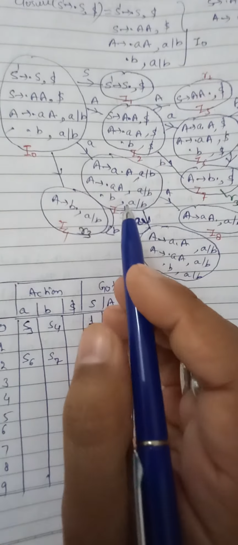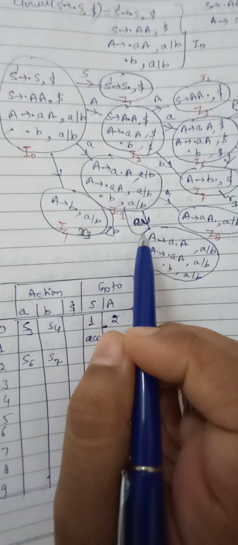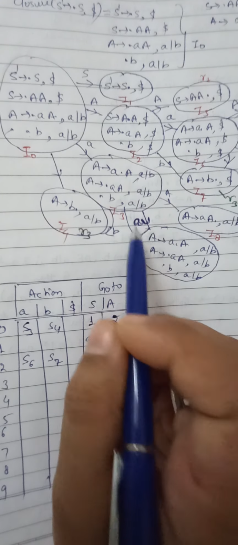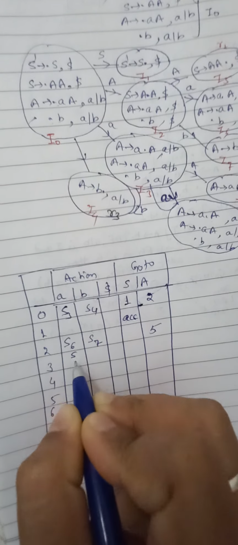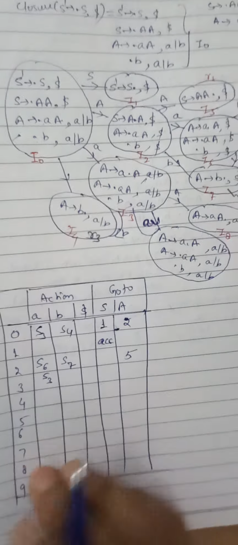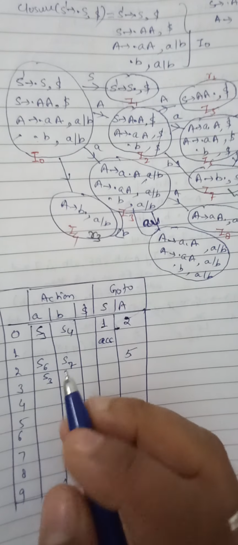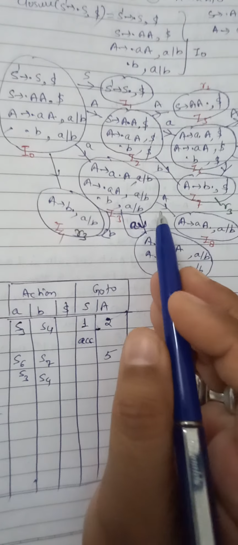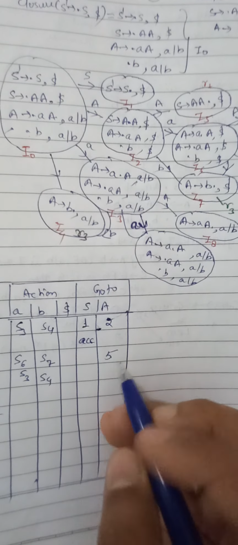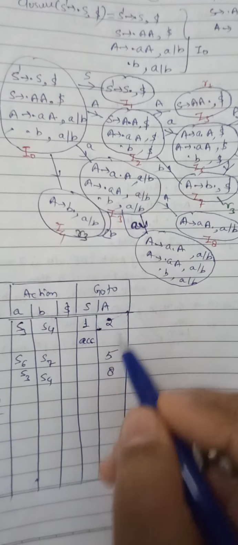From the third state, for terminal A it is going to the same state, so we will write here S3. And for terminal B, which is going to I4, we will write here S4. And for variable A, where it is going to I8, we will write here 8.